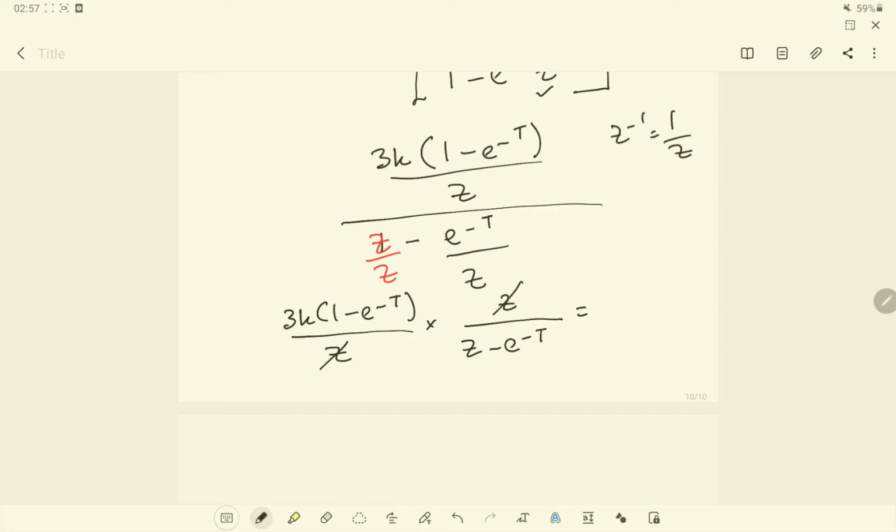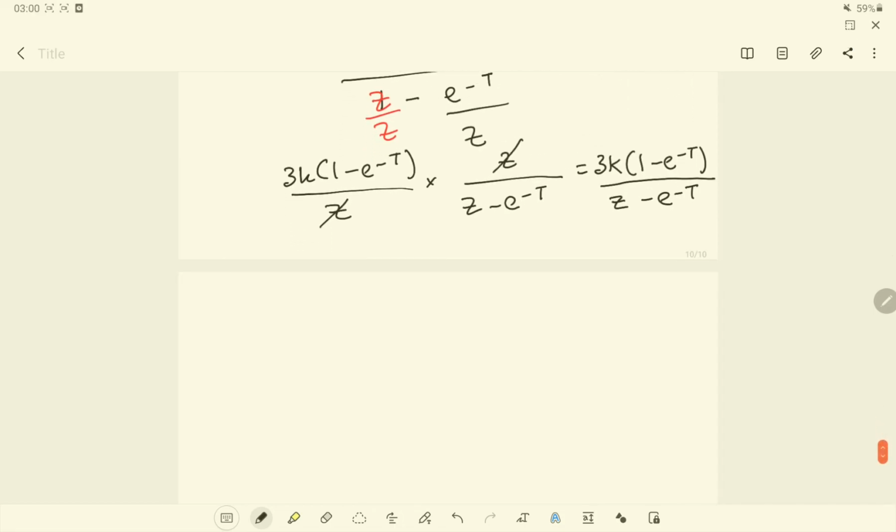So now the simplified equation, we get 3k (1 minus exponent negative t) over (Z minus exponent negative t). So this is the open loop transfer function.